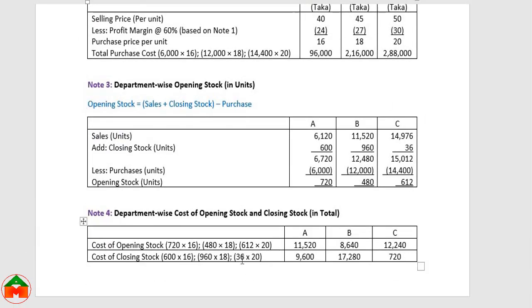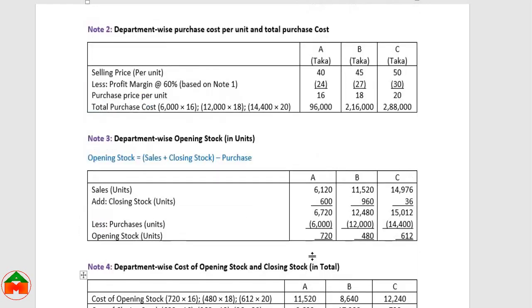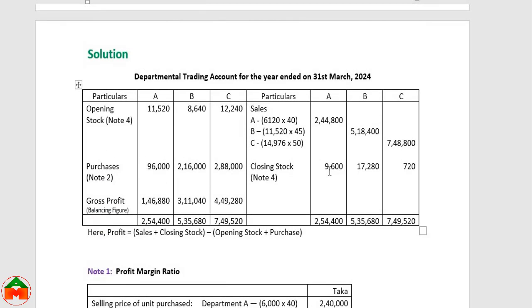So if you multiply 36 by 20, the total amount is 720 for department C, which is the balance of closing stock. So these are the values that have been taken from note number 4. Closing stock 9,600, 17,280 and 720.